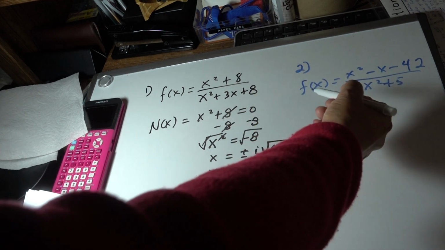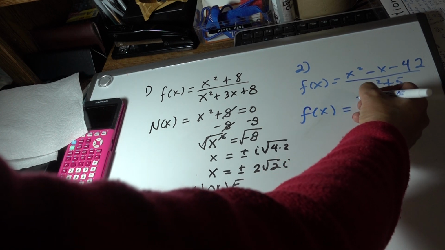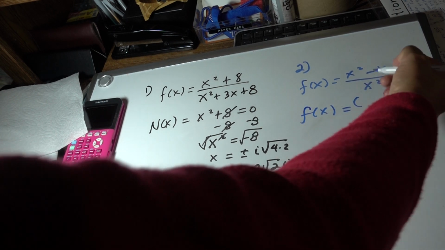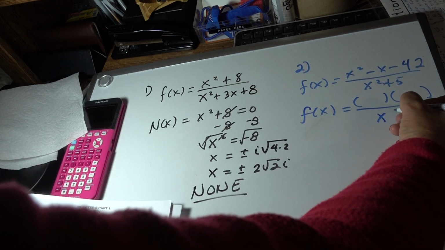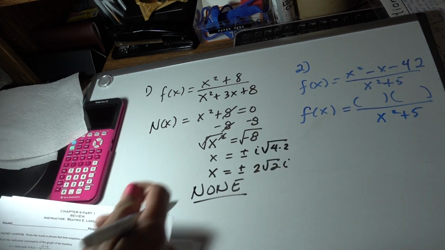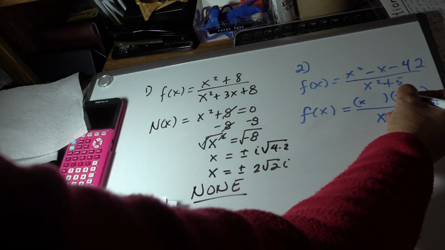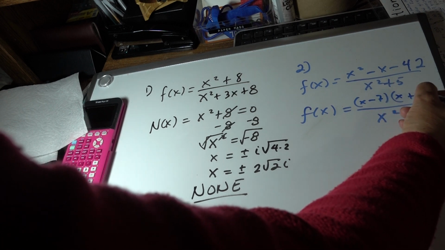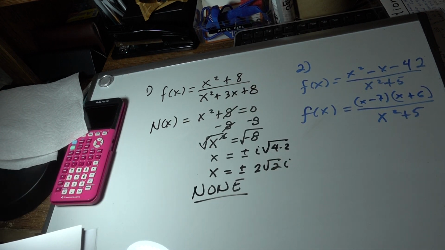But let's do it. F of x equals factors of negative 42 that add to negative 1. Well, we're going to say negative 7 and positive 6. When you multiply these two, you obtain negative 42.